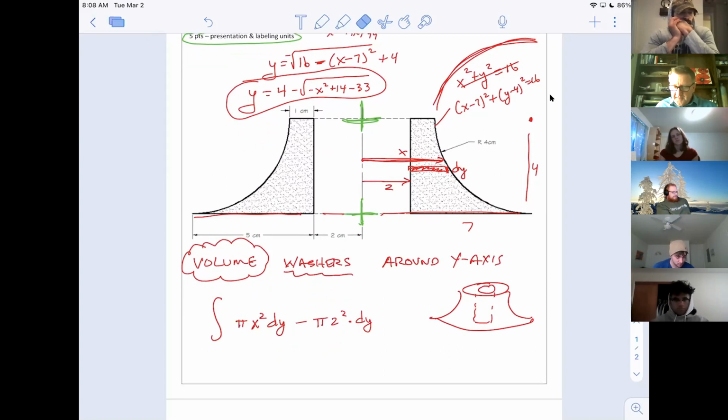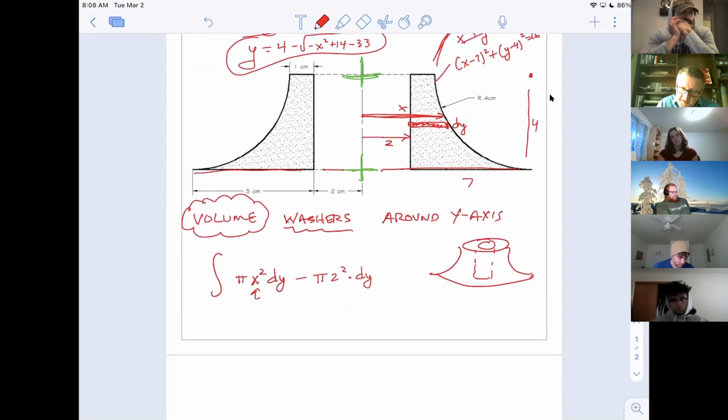So then you could look at that and say, okay, they both have a dy, they both have a pi, so I could take a pi outside. And I now see that I'm stuck working with y's since my height was dy, so I have to switch out that x for y right there. And I said that you don't actually have to take these integrals because they end up hard to take.